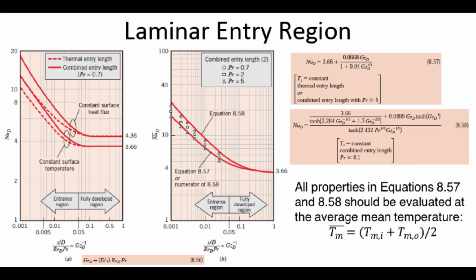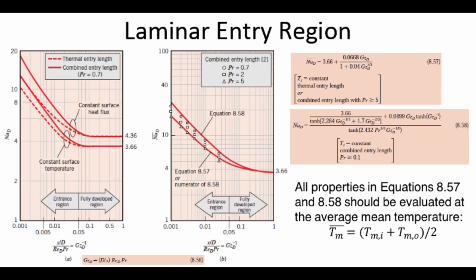And it also plotted another solution called combined entry length, which means the viscous boundary layer and the thermal boundary layer develop at the same time. This means our Prandtl number is on the order of 1. It plots the solution for which we have a Prandtl number equal to 0.7.